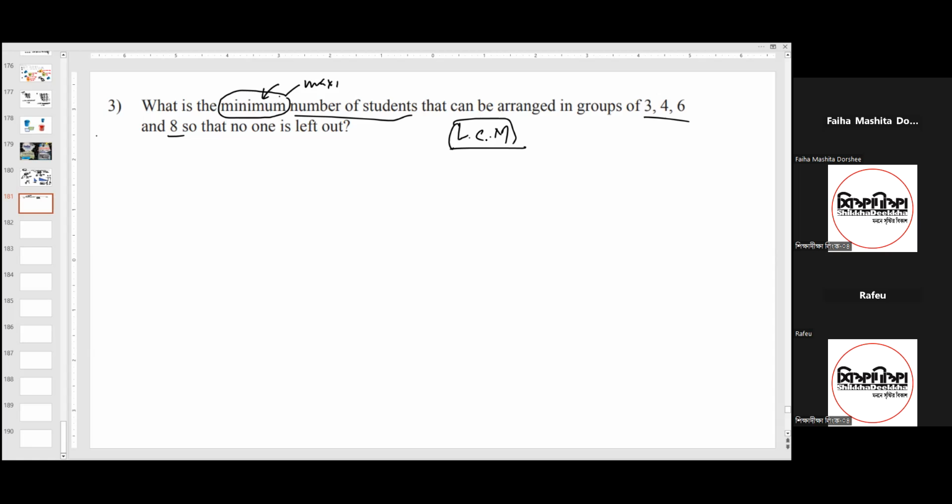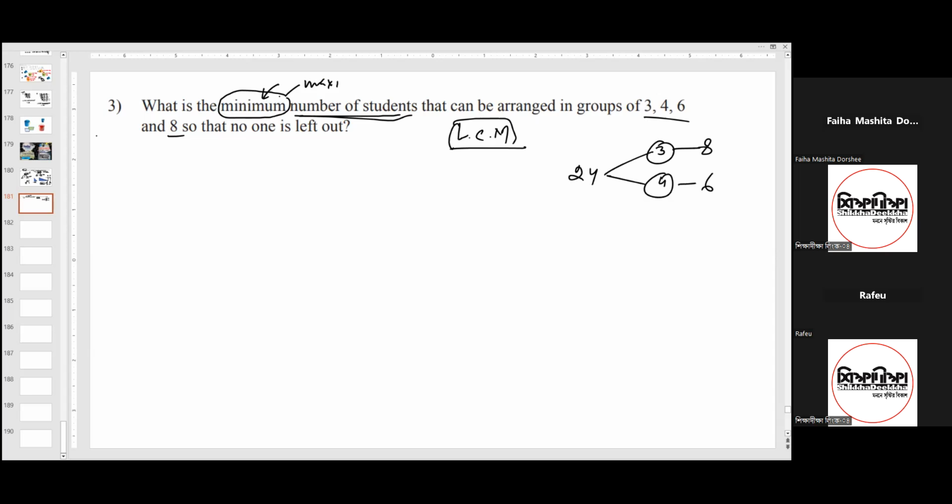You have to think in a way that, suppose the number of students is 12, or maybe 24. If we make groups of 3, then we're going to get 8 groups. If it is 4, it is going to be 6 groups, right?